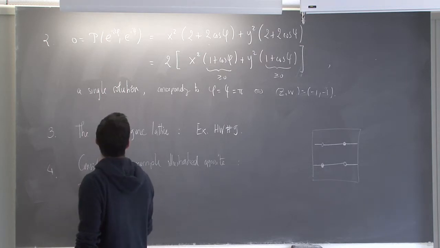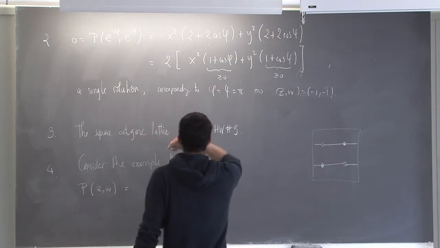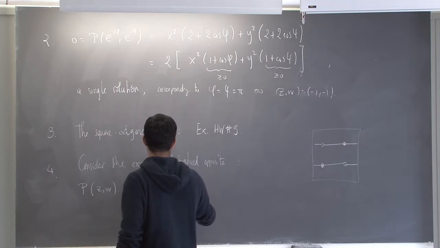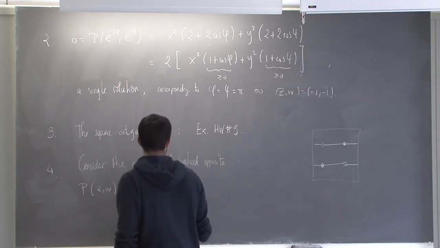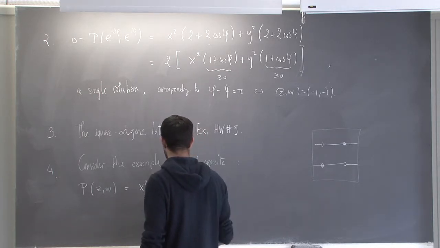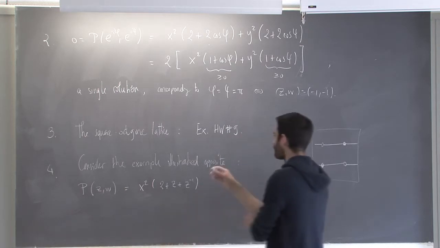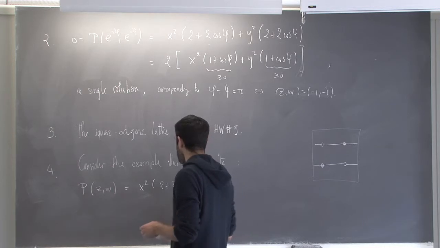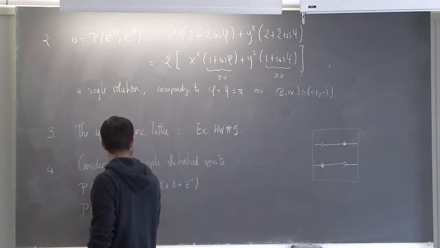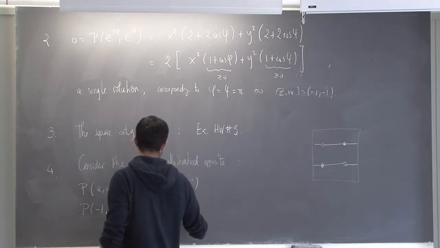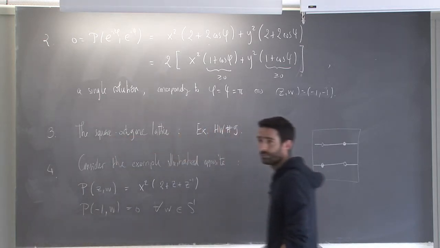We have P(z,w) equal to x squared times 2 plus... And therefore, we see that P(-1,w) is equal to 0 for any w in S1.